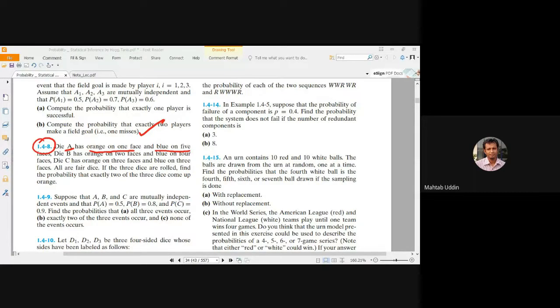This is usual. Always we have 6 faces. So for die A, we have 1 orange and 5 blue. For B, we have 2 orange and 4 blue. Die C, we have 3 orange and 3 blue. Do you understand?